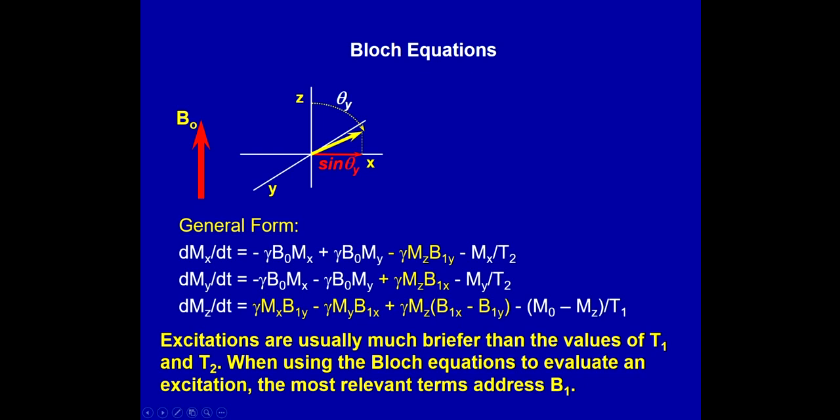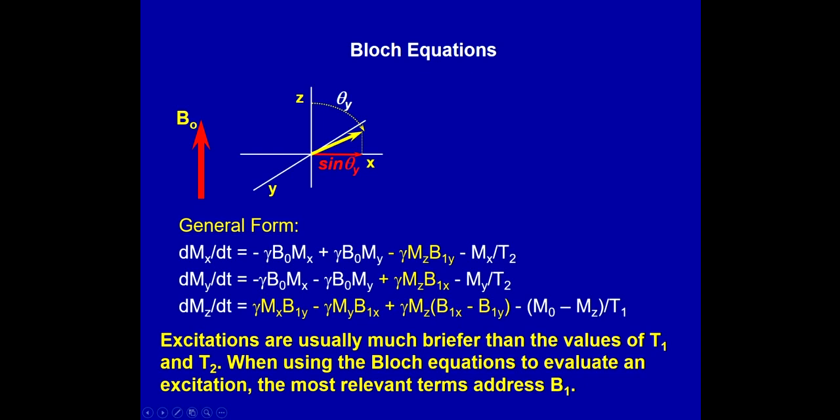When we are considering what happens while we have an excitation, what's drawn up here, the magnetization is in the process of rotating from Z into the XY plane. So while there's a rotation going on under the influence of B1, we can ignore all the other terms because B1 applications generally are on the order of microseconds or a few milliseconds at most.